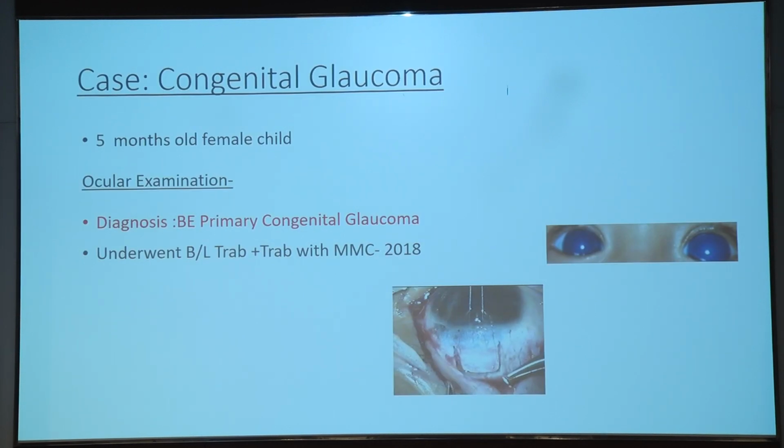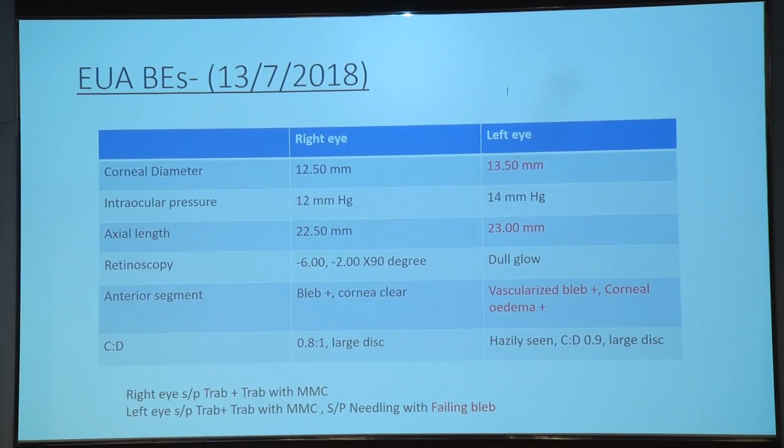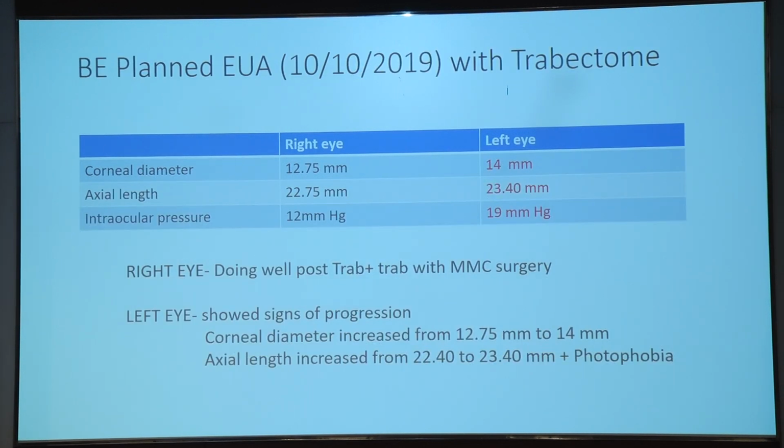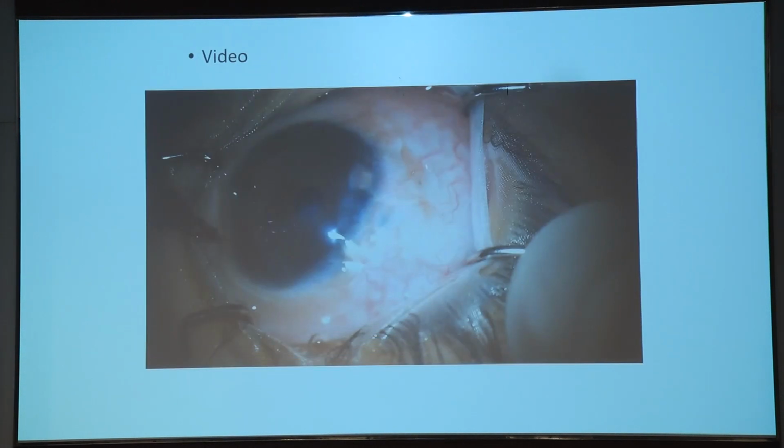In congenital glaucoma, this patient, the child who underwent bilateral trap plus trap, one eye was controlled and there was no progression, whereas the other eye, the axial length increased and the bleb got scarred and showed signs of progression.